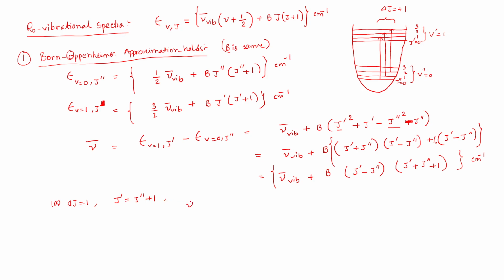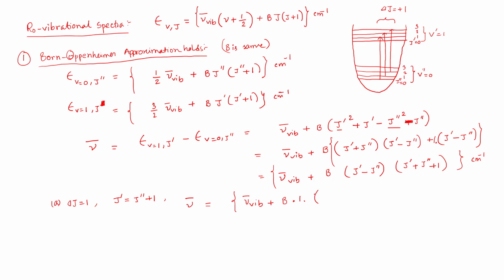So how will the wave number for the transition look? It would be nu vibration as it is, plus B. Now J prime minus J double prime is 1, so I will write 1. This is multiplied by J prime, and we can write it in terms of J double prime.